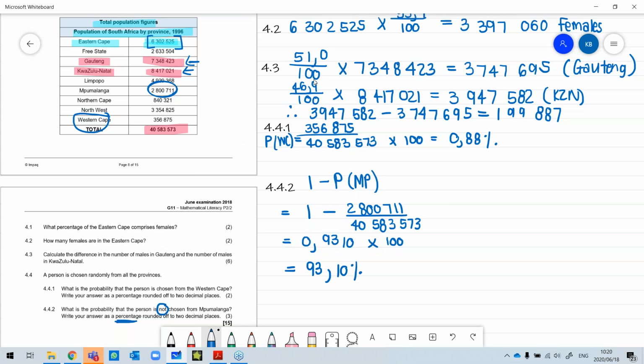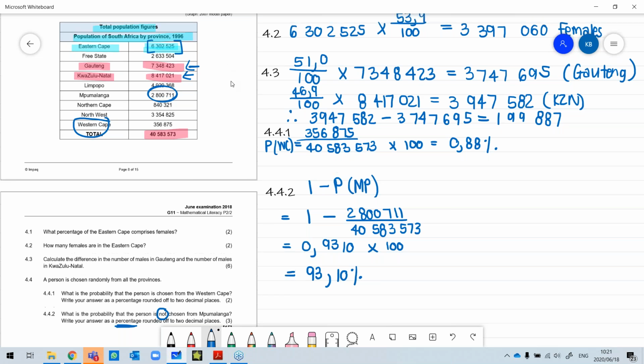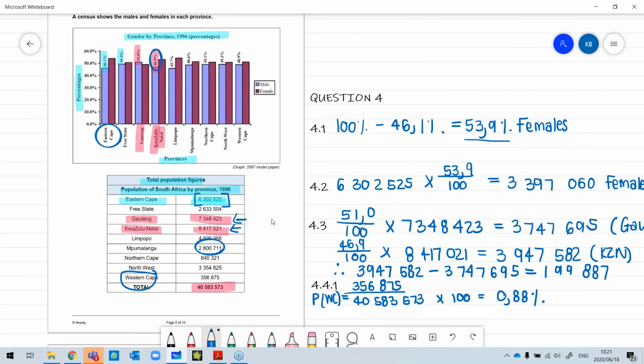Okay, so let's quickly see if there are any questions. What is the census at the top of question 4? Oh, what does census mean? Census is generally a population count, if that explains it well.